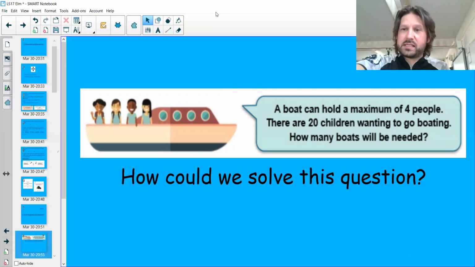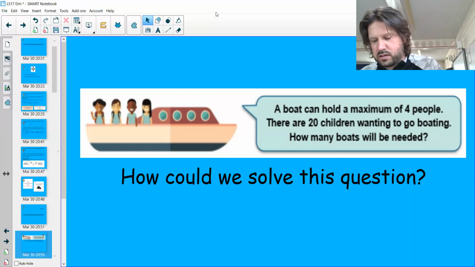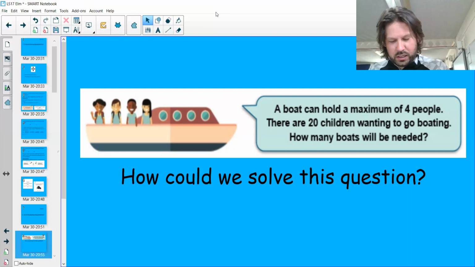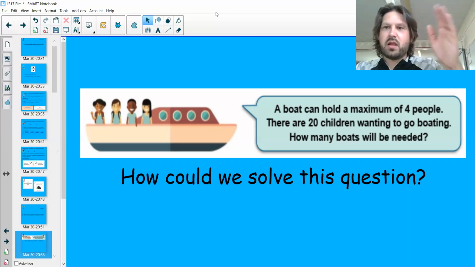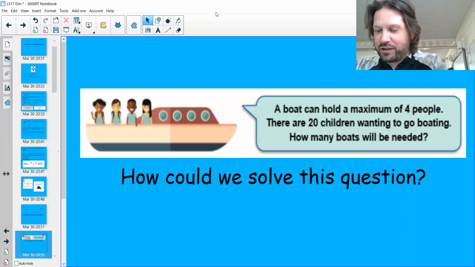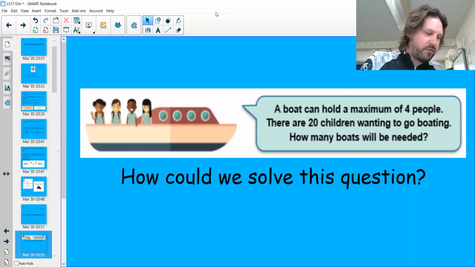Again, we're going to be systematic, so we're going to count them again. 2, 4, 6, 8, 10, 12, 14, 16, 18, 20. I've counted them right twice, so fingers crossed. And remember to put all the spares away, because otherwise they get confusing.